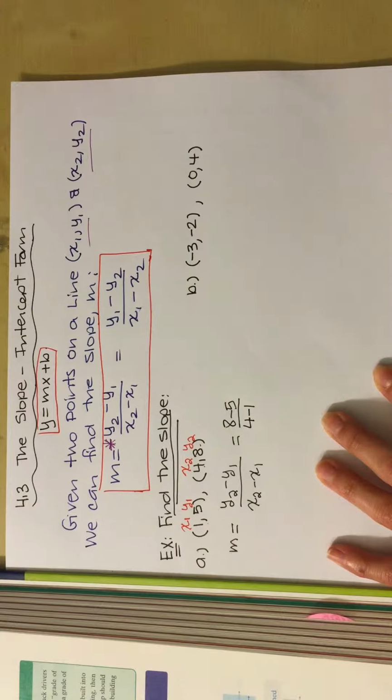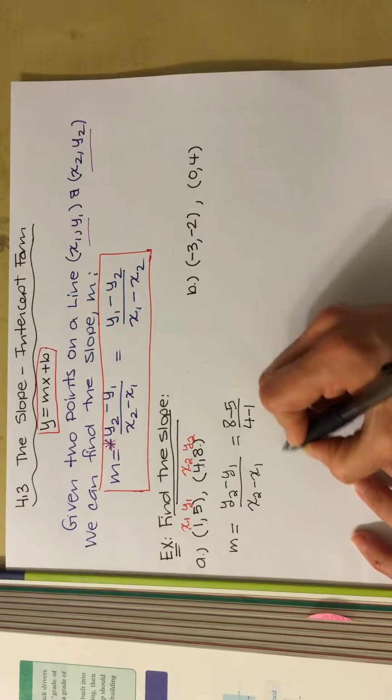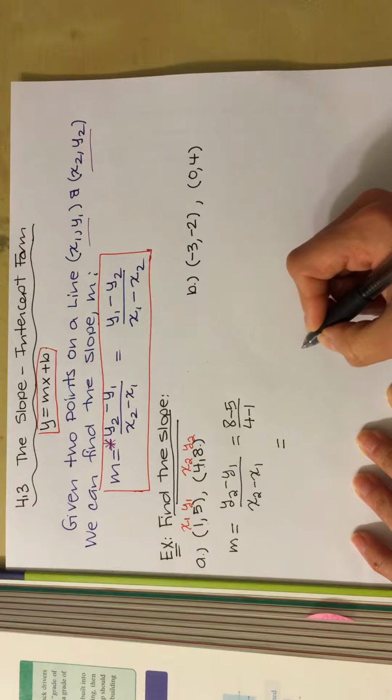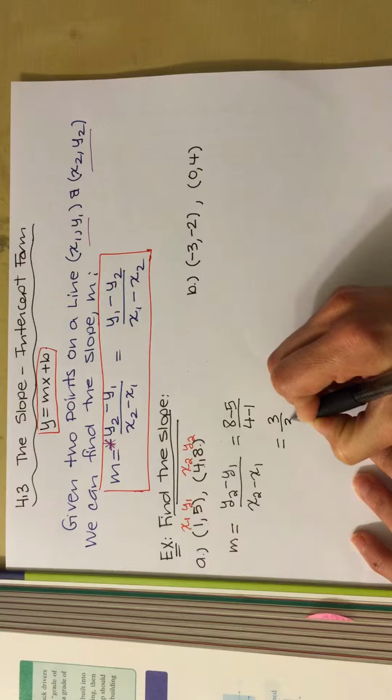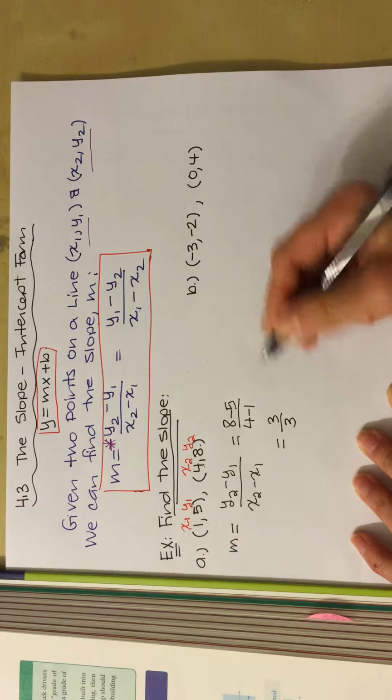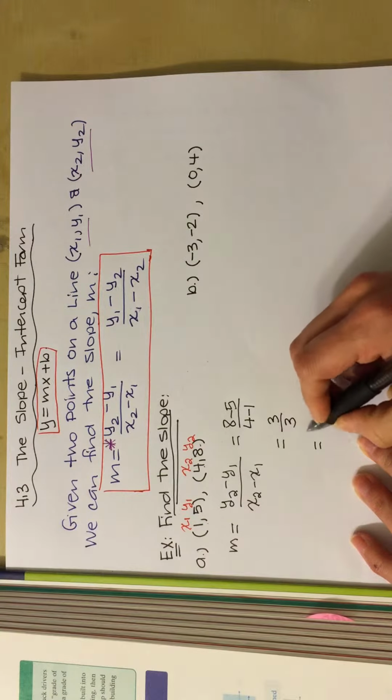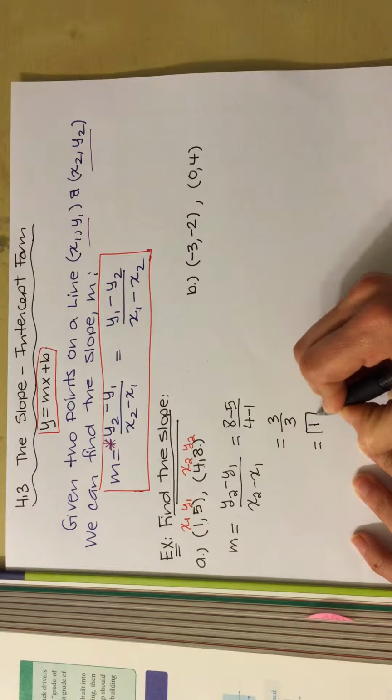And then what you want to do from here is make sure that you have simplified and reduced the fraction completely. So 8 minus 5 comes out to be 3. 4 minus 1, that's 3. You want to reduce, and we get that the slope comes out to be a positive 1.